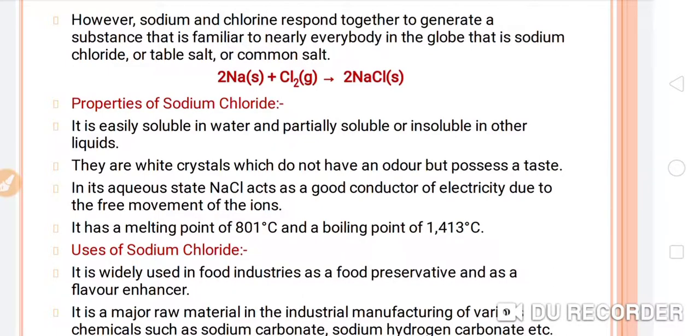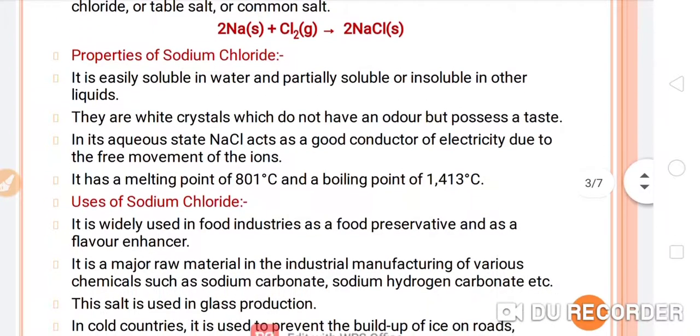Next, properties of sodium chloride. What are the properties of sodium chloride? Let's see. It is easily soluble in water and partially soluble or insoluble in other liquids. They are white crystals which do not have an odor but possess a taste. In its aqueous state, NaCl acts as a good conductor of electricity due to the free movement of the ions.